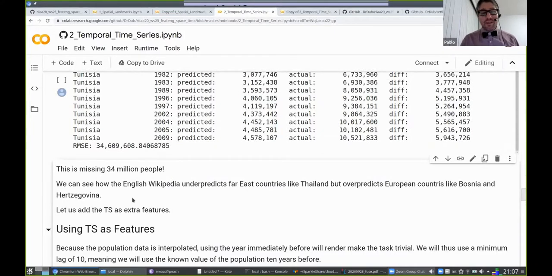And what we get is that it underpredicts Far East countries like Thailand, but overpredicts European countries like Bosnia and Herzegovina. Why? Because I'm using the English Wikipedia, and the English Wikipedia will have a lot of pages and links for European countries, but Far East countries won't have so many links, so the model thinks they are less populated.